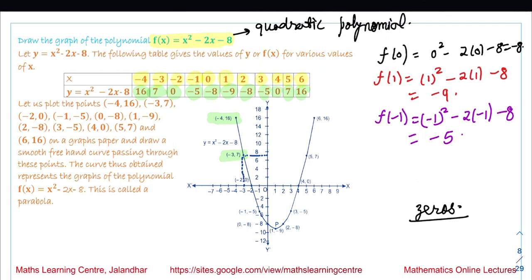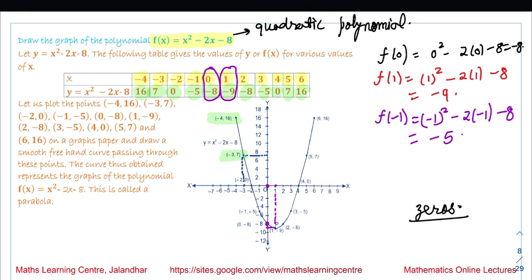Next, suppose we are talking about the point 1 comma minus 9. So 1 is the value on the x-axis, minus 9 is the value on the y-axis. Then 0 comma minus 8. 0 is the value on the x-axis, minus 8 is the value on the y-axis.